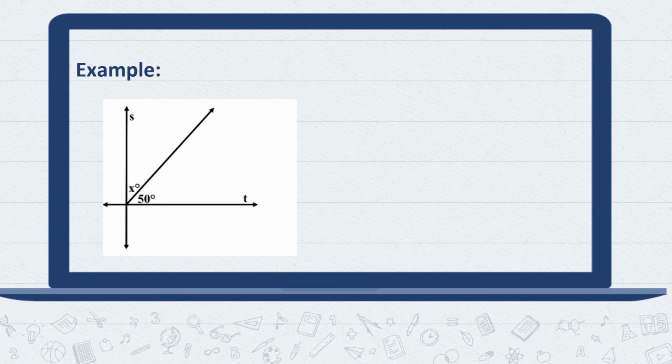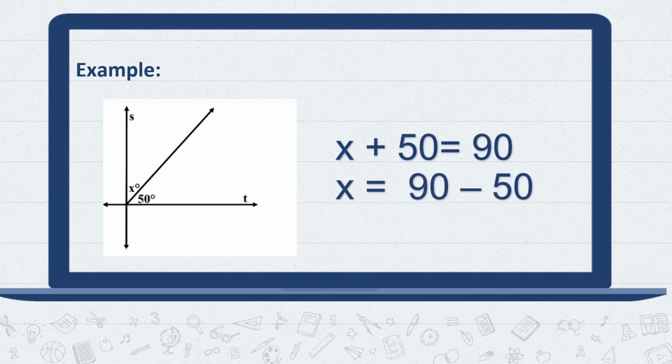Since sabi natin that these are adjacent and complementary, we have our equation as x plus 50 is equal to 90 degrees. So combining similar terms, we are going to combine 50 and 90. So it will give you 90 minus 50, and the value of x is now equal to 40.